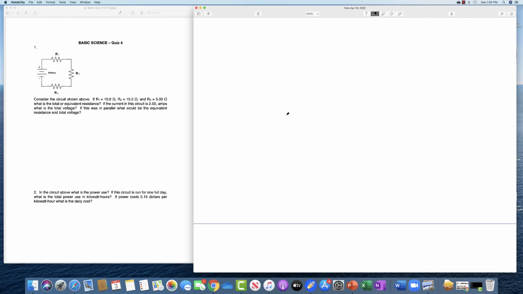The second question here says, in the above circuit, what is the power used? Well, remember that power is equal to voltage times amps. And the above circuit here is the series one. So the voltage we had was 60, and the amperage was 2, and so the power is 120 watts.